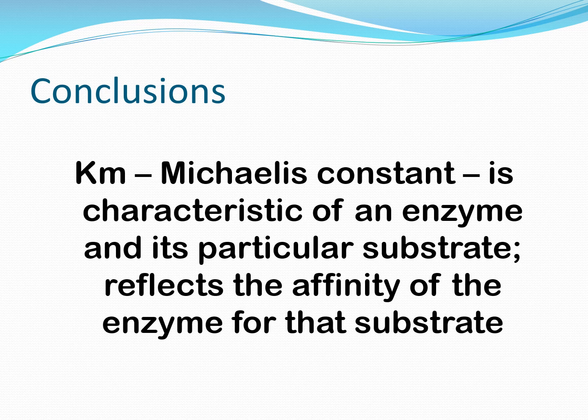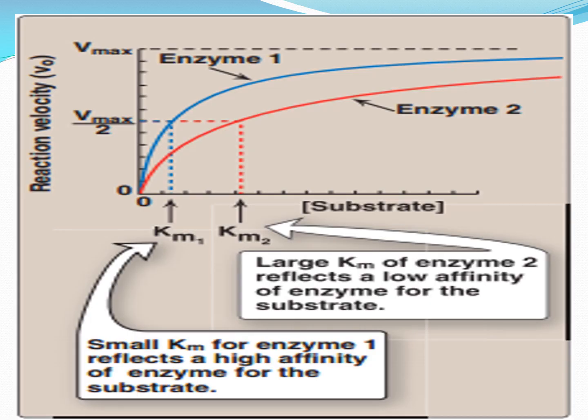And this concludes that your Michaelis constant is characteristic of an enzyme and its particular substrate, which reflects the affinity of the enzyme for that substrate. And here we have our Km concepts.